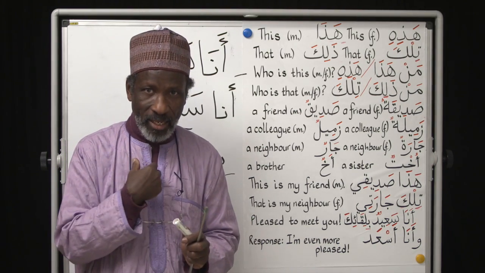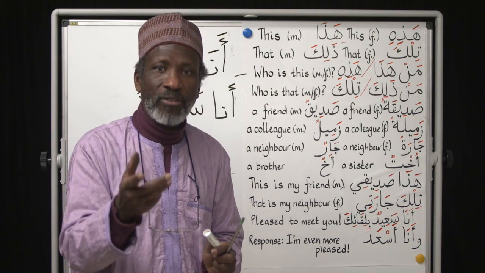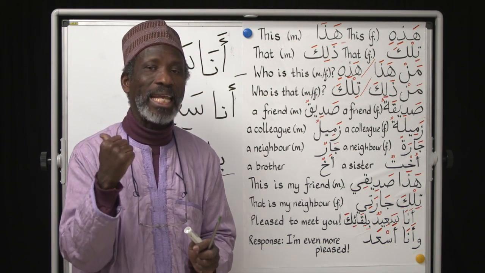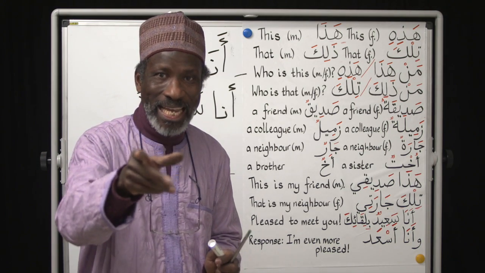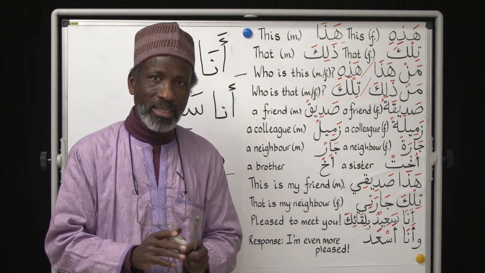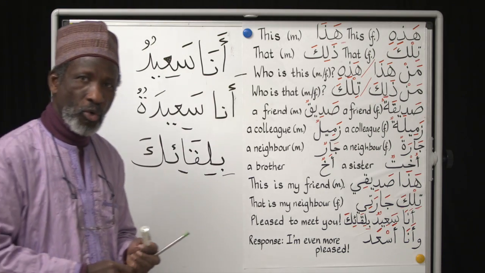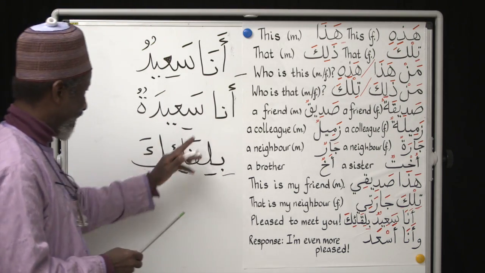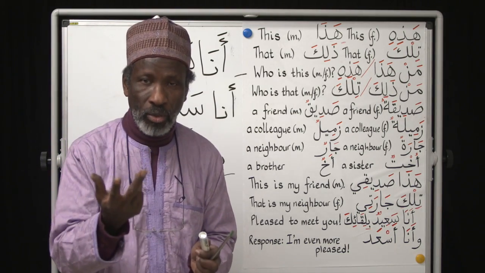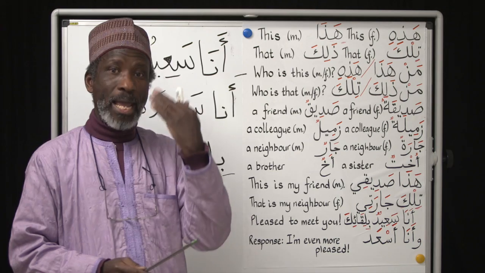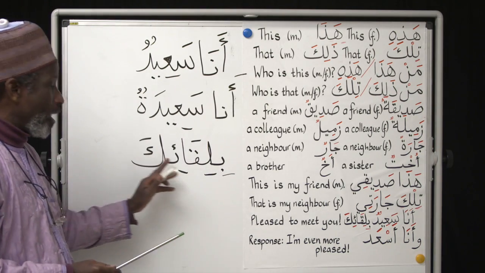But if I'm speaking to you as a female, the ending will be ki. I'll say, Ana sa'idun biliqa'iki. Now, if you are a female speaking, you will say, Ana sa'idatun. If you are speaking to a male, biliqa'ika.